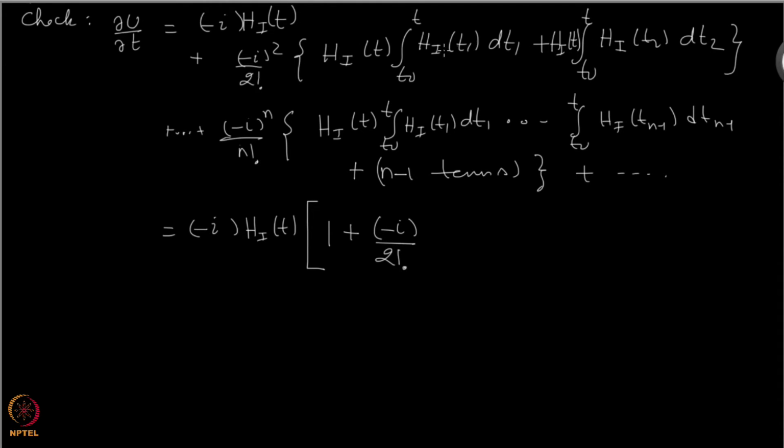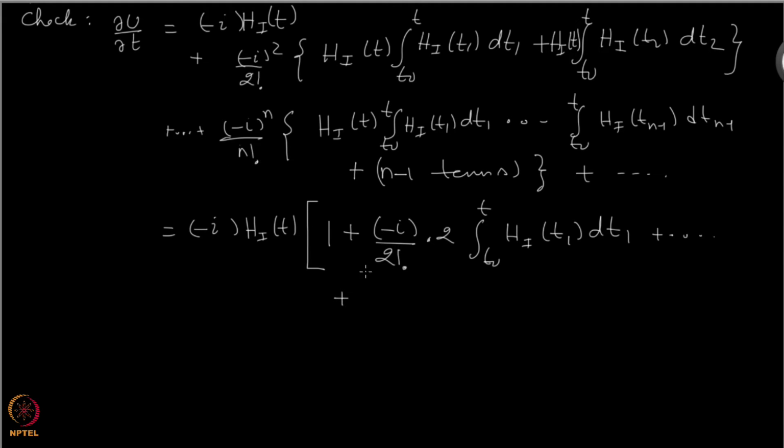Okay, and these two are the same, right? You can change the dummy variables, and these two are identically the same. So there is a factor of 2 coming from here, which cancels this 2, but I will keep it. So I get a factor of 2 from these two terms because they are identical. And then you have integral t0 to t Hi of t1 dt1. Okay, and so on and so forth.